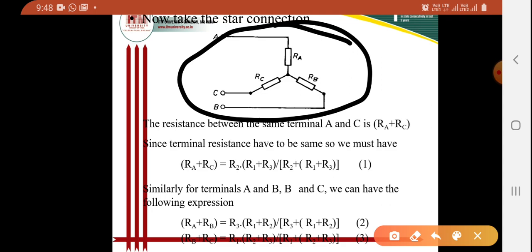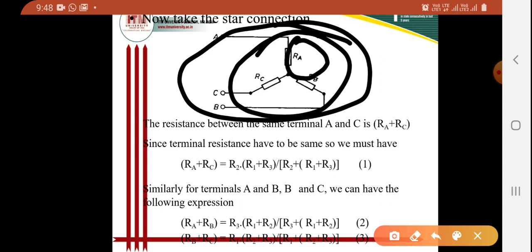So now I have considered a star connection system. Here the three resistances, or you can take three impedances, are connected as star. This is our RA, this is RC, and this is RB.